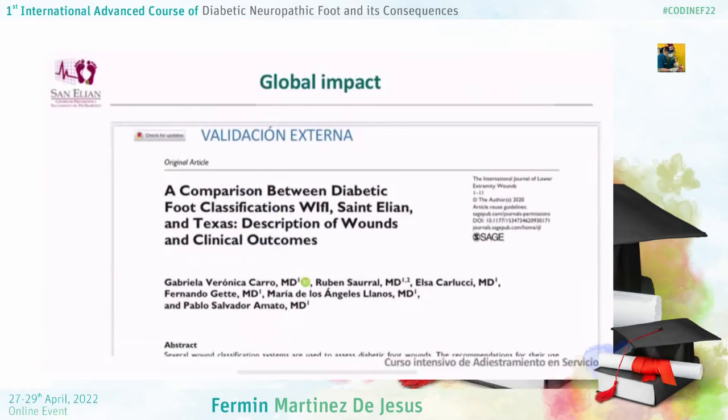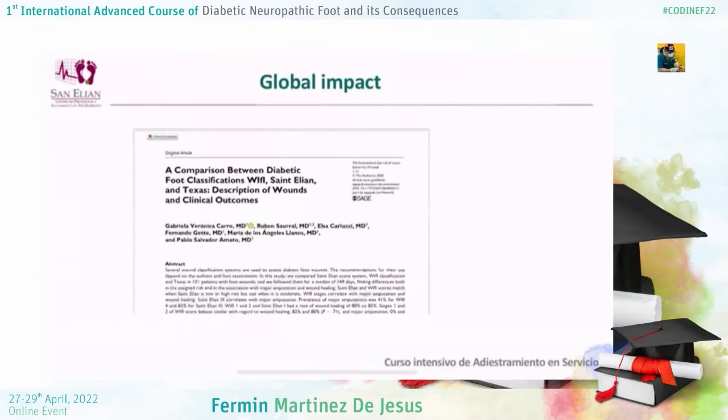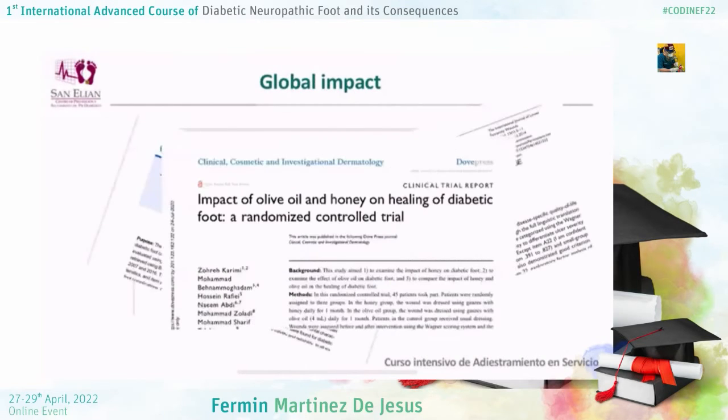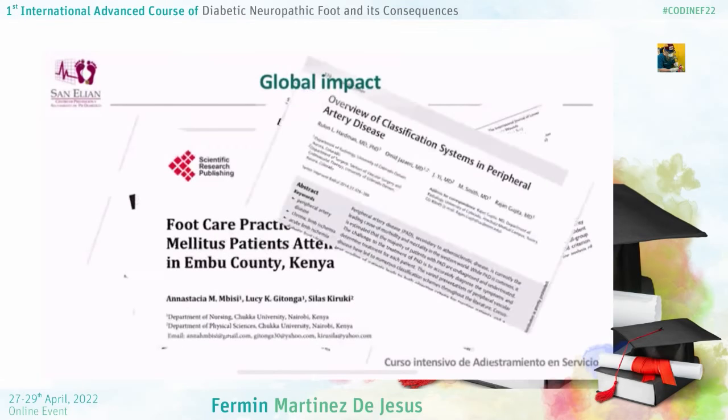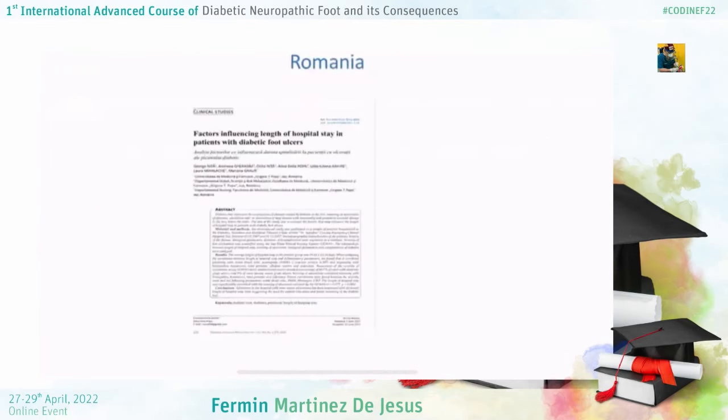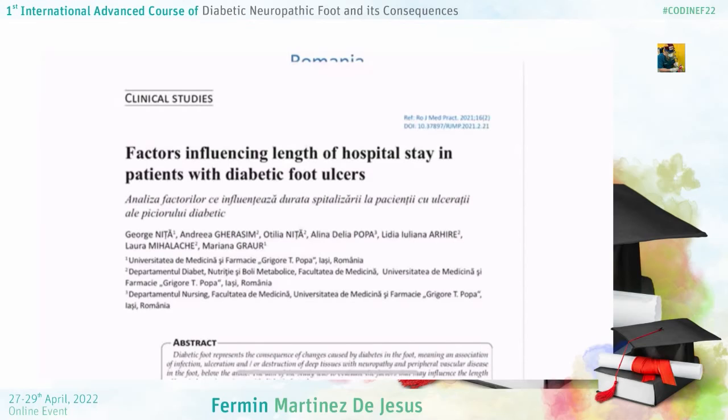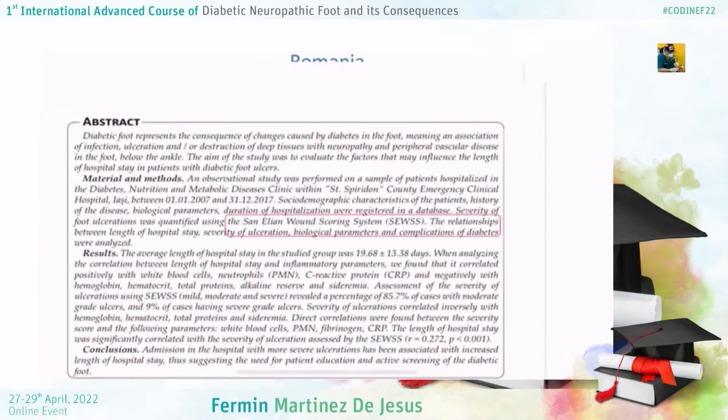The global impact is, as I mentioned before, seen in many published papers around the world. The last 2 papers published include this one from Romania that talks about the factors influencing length of hospitalization in patients with diabetic foot ulcer, where the main tool they used to assess their results was our San Elian Latin American system.